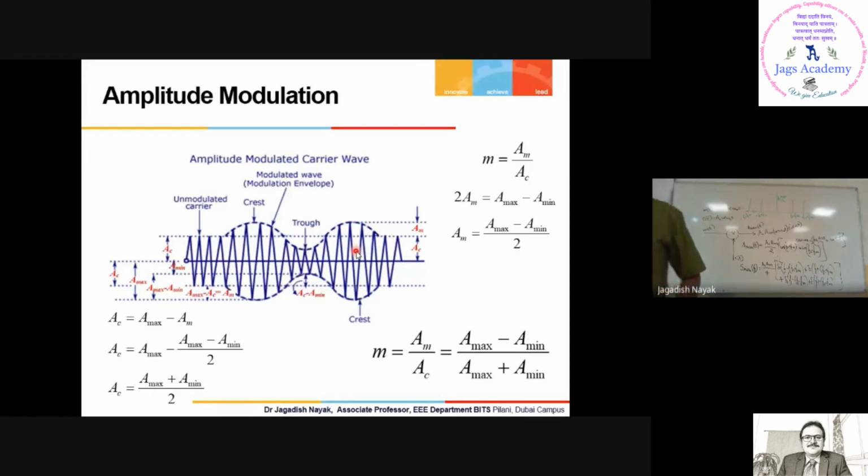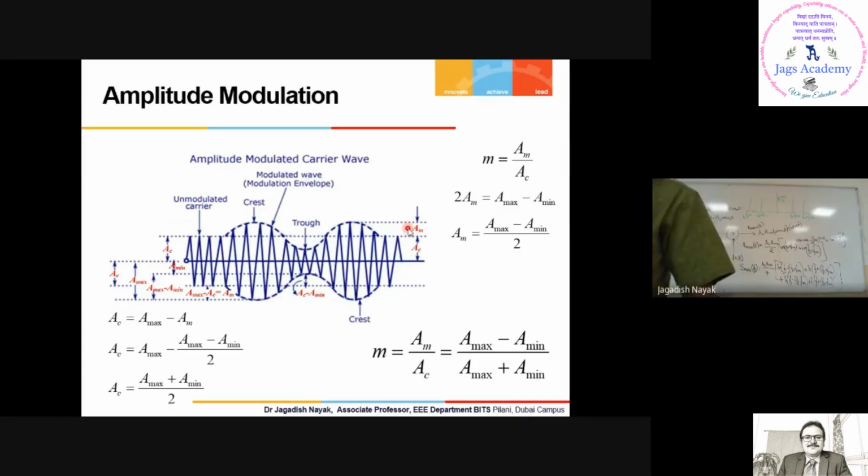Now, let us define one. You already know the modulation index. Modulation index is AM by AC. Now, from this waveform, let us define certain parameters. See, this is AC, the amplitude of the carrier wave. What is AM? This is AM, yes or no? This distance is AM. This is AC. This is AM.